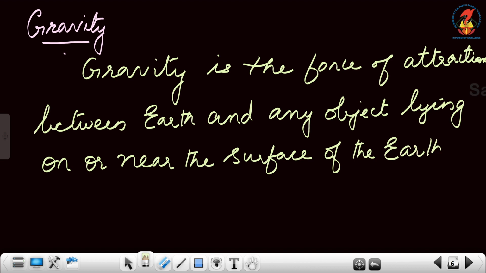So it is a force of attraction between Earth and any object which lies near the surface of the Earth.